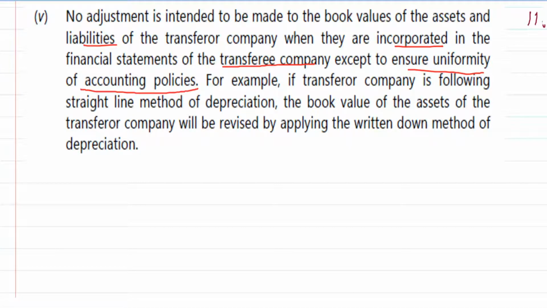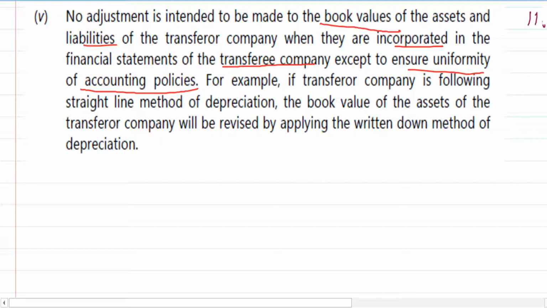The first condition, if you remember, was that every asset of the selling company should be taken over. And when you take over the assets of the selling company, you have to record these assets in the books of the purchasing company at their carrying amounts or at their book values.